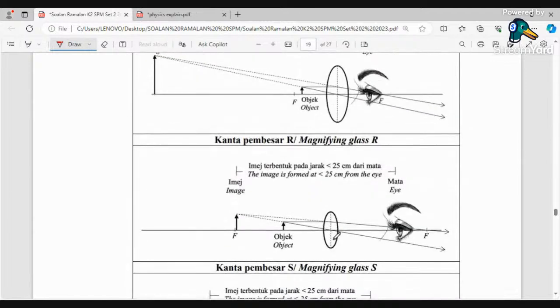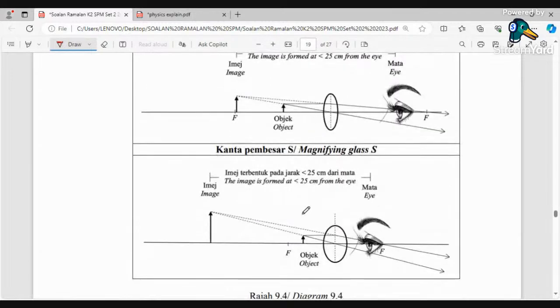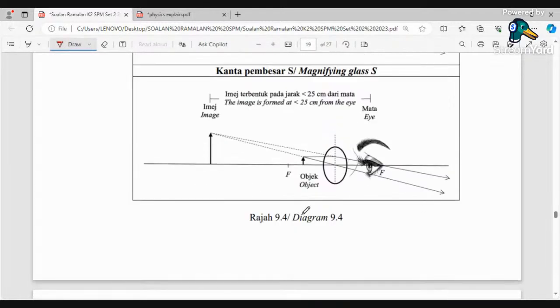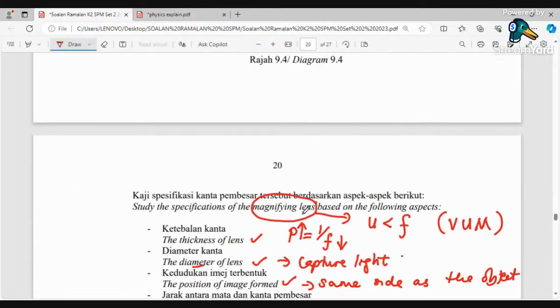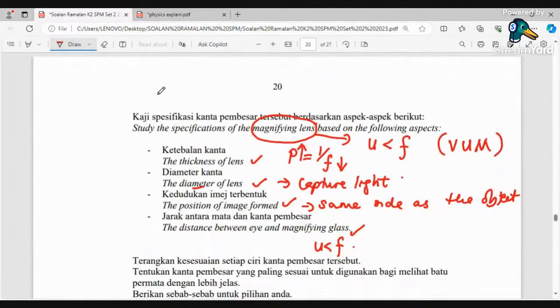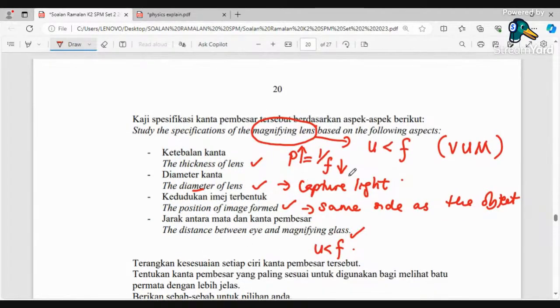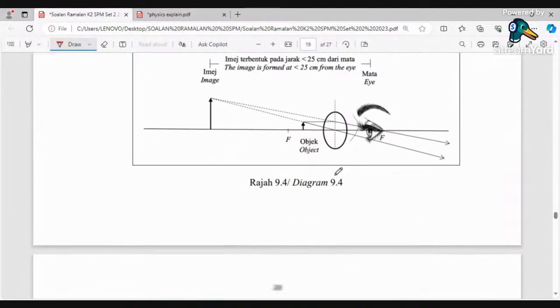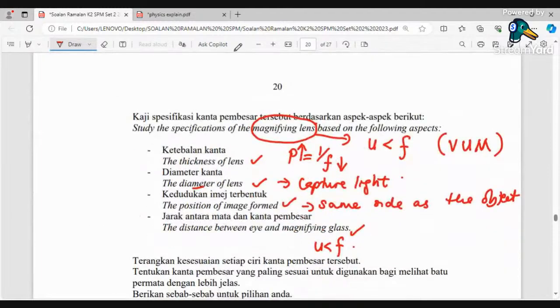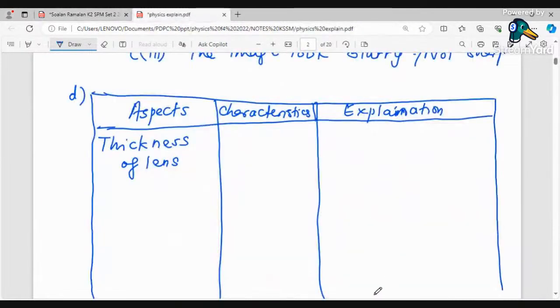Okay. Position of eye. Okay, and the eyepiece lens. Object distance. Okay, itu semua kena masukkan aspek tu. Okay, kalau dia tak buat list sini, you kena cari dari diagram sini masukkan. Okay, itu first.